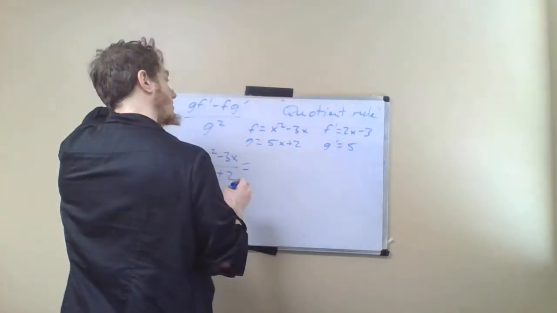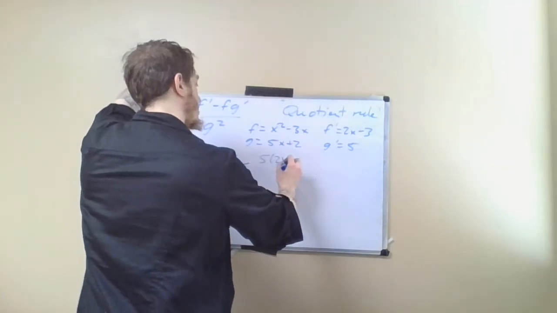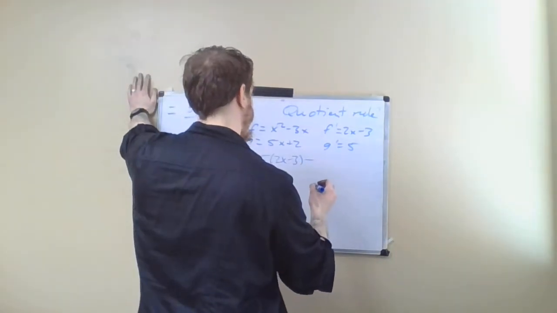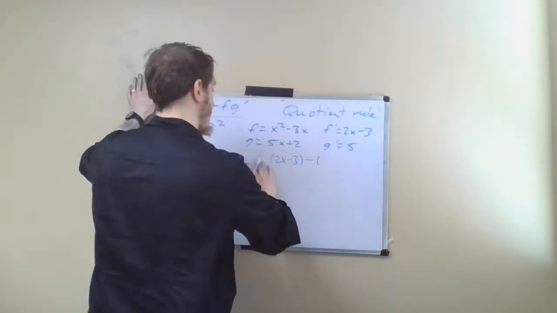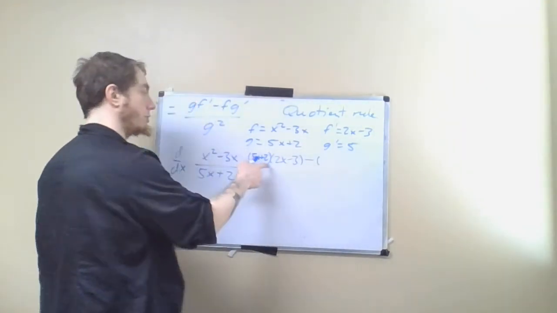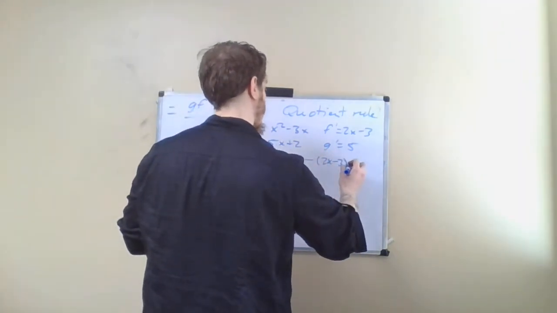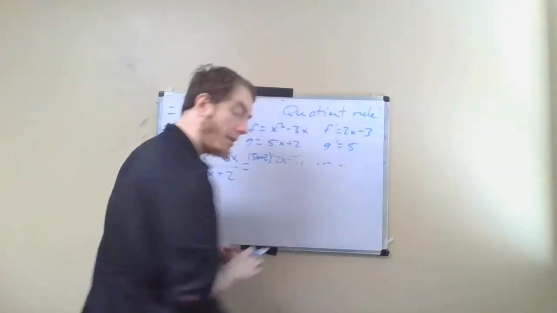And this means if I do g times f prime, this is going to be 5 times 2x minus 3. Then we do f times g prime. So that's going to be, why did I do 5? I'm sorry, 5x plus 2. There we go. G times f prime minus f times g prime. Let me start this over.